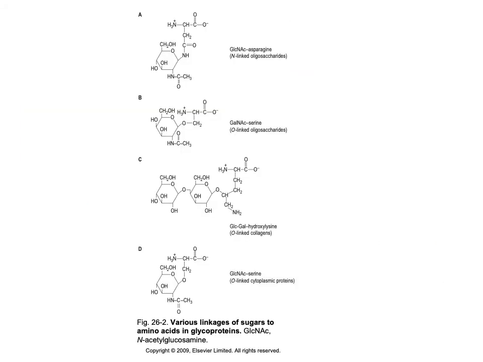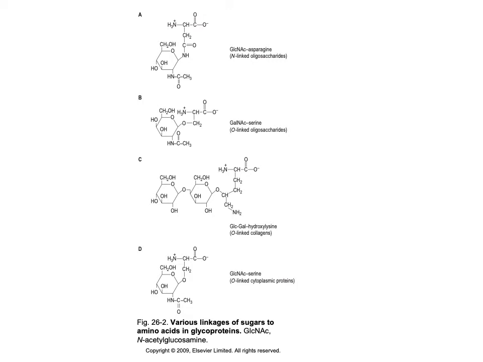So here are some examples of linkages. And in each of the examples, the amino acid is shown sort of at the top in the right. I don't know if you can see this, but up here, and then the carbohydrate is attached in the figure A through an N linkage on the asparagine. B is through an O linkage on serine.